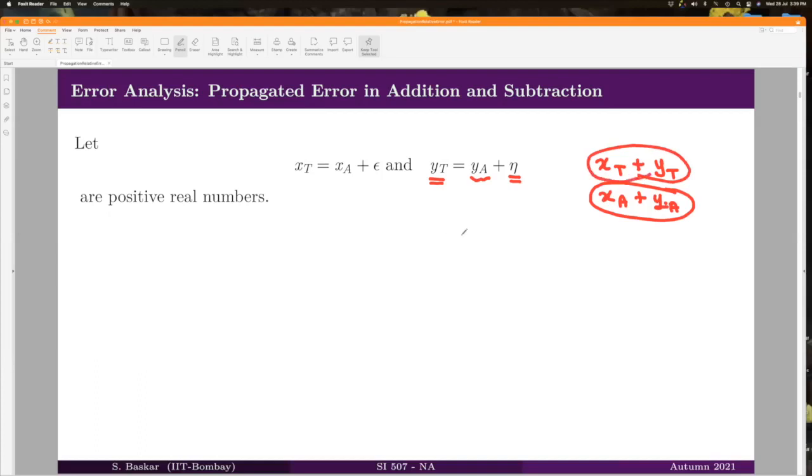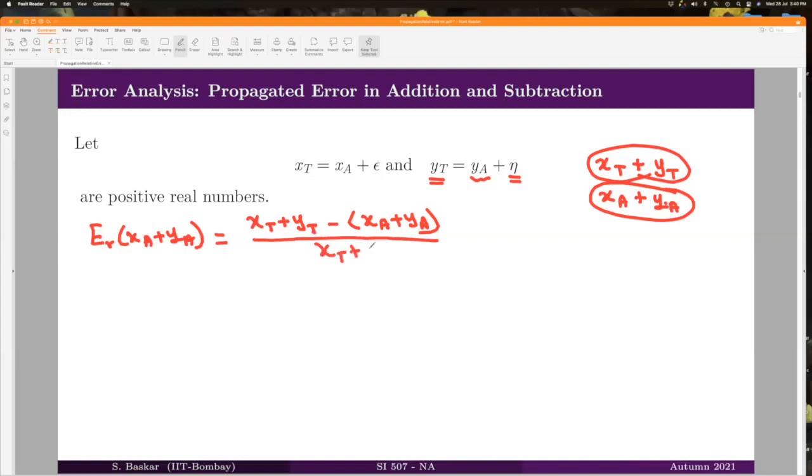Now the question is, what is the relative error in xa plus ya when compared to xt plus yt? By definition, this is nothing but the true value, xt plus yt, minus the approximate value, xa plus ya, divided by the true value, xt plus yt.